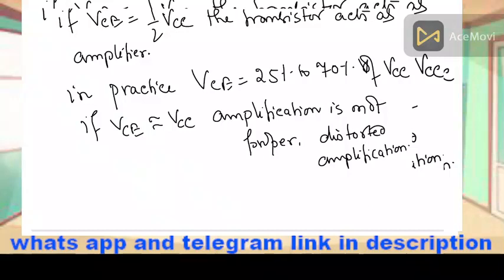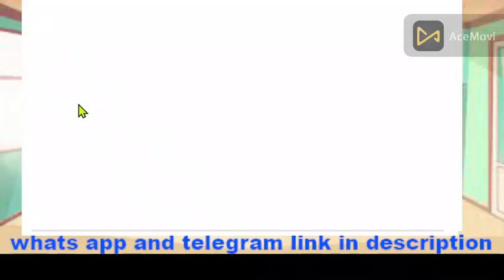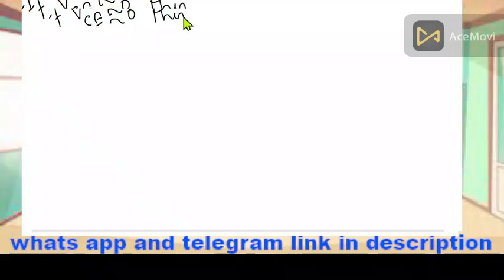If VCE is equal to 0 or very close to 0, the same thing will happen. Your amplification will be distorted. It will not be proper, or the result you require will not be produced.